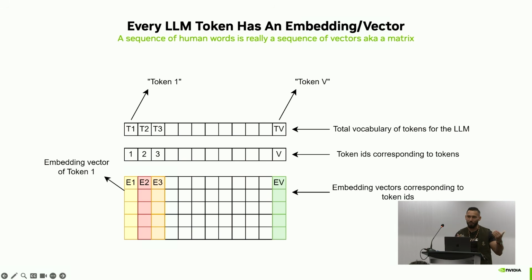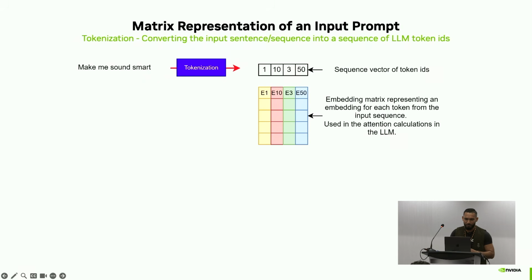That's why we always want to convert into some vector representation, because a vector representation is just some high-dimensional coordinate space, and we're just rearranging objects. That's to some degree what you're doing. Okay, so from those token IDs, I went to the actual embedding vectors themselves. If you look, "make me sound smart" now becomes a matrix, right?